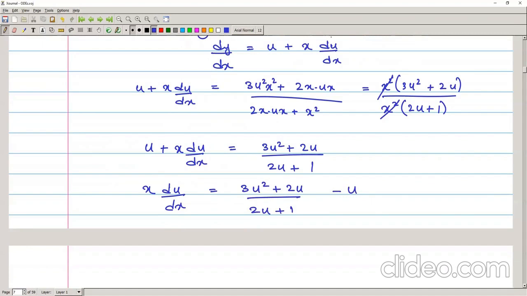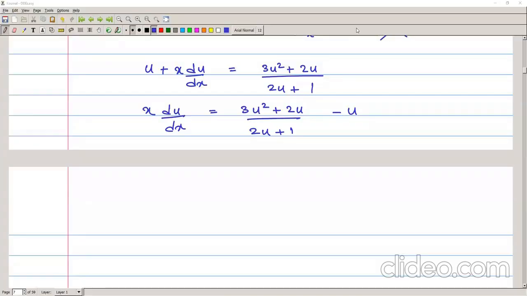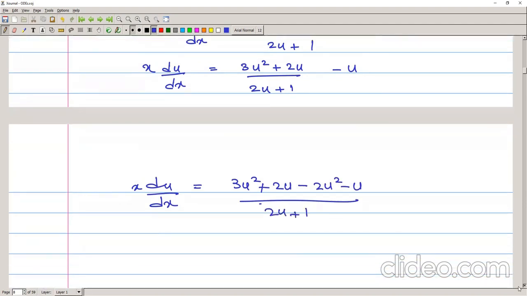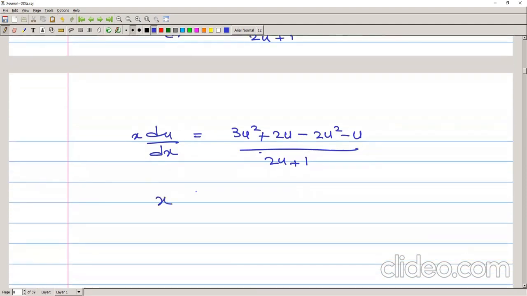Now we can simply take the LCM, and so it's x du over dx is equal to 3u squared plus 2u minus 2u squared minus u divided by 2u plus 1. And then by simplification, we have u squared plus u over 2u plus 1.